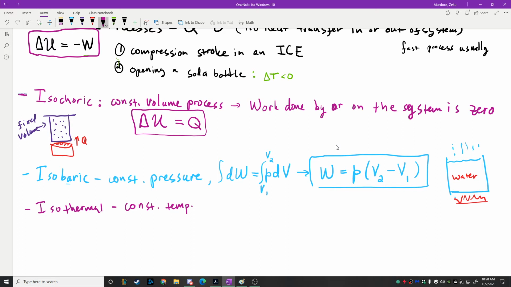So if it's constant temperature, then the change in internal energy should be zero. So delta U should be equal to zero, which leads to any energy that comes in through heat should be equal to the work done by the system for this one. So that's for a constant temperature process.